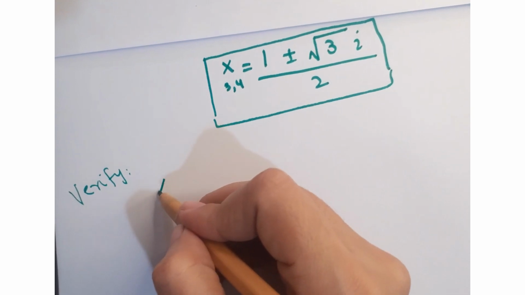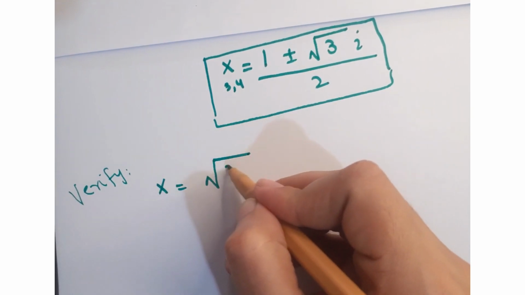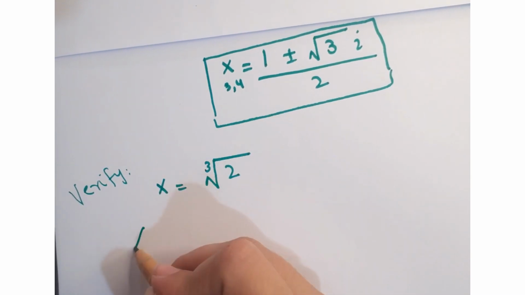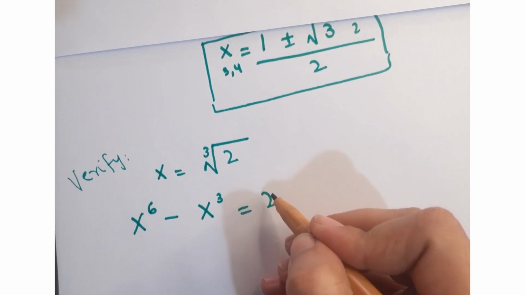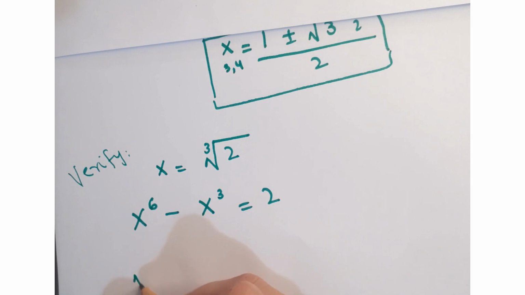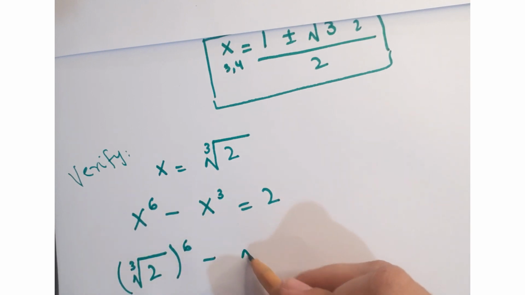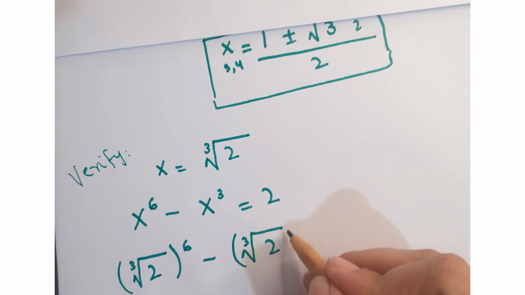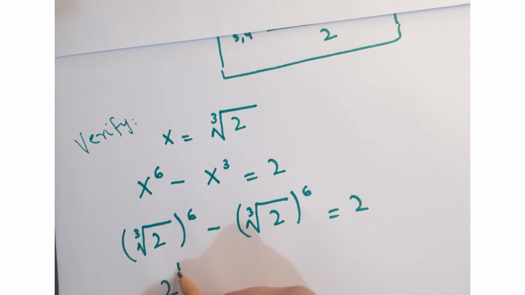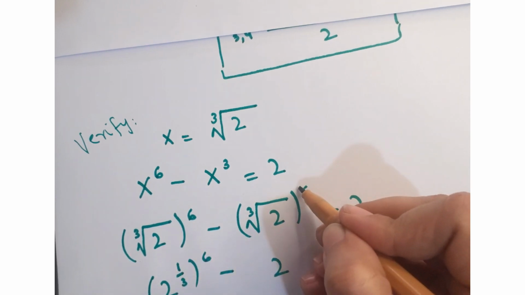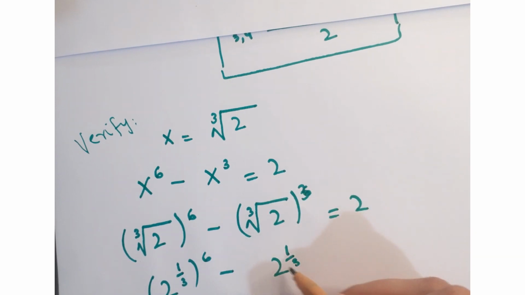first of all, let's check for x is equal to cube root of 2. So we have x to the power 6 minus x cube is equal to 2. Putting the value here, we get 2 to the power 1 upon 3 whole to the power 6 minus 2 to the power 1 upon 3 whole to the power 3.